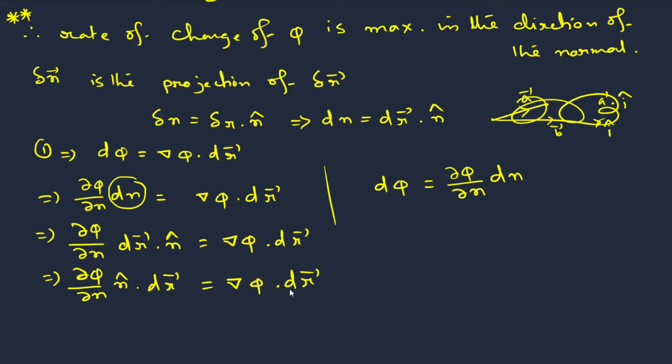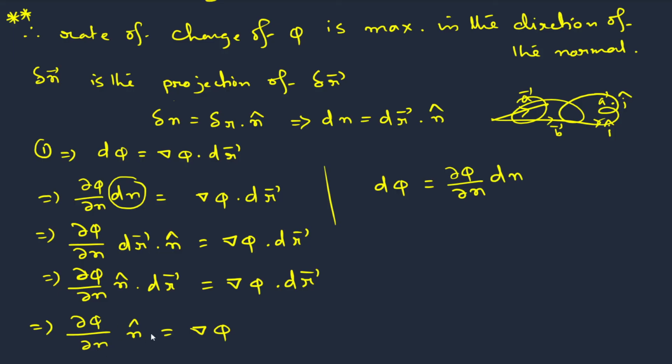So if we omit dr, then what we get? Del phi by del n times n cap equals nabla phi. So this is the value of gradient phi. Gradient phi is nothing but del phi by del n. Del phi by del n means rate of change of phi along which direction? Along the normal, along the direction of normal.